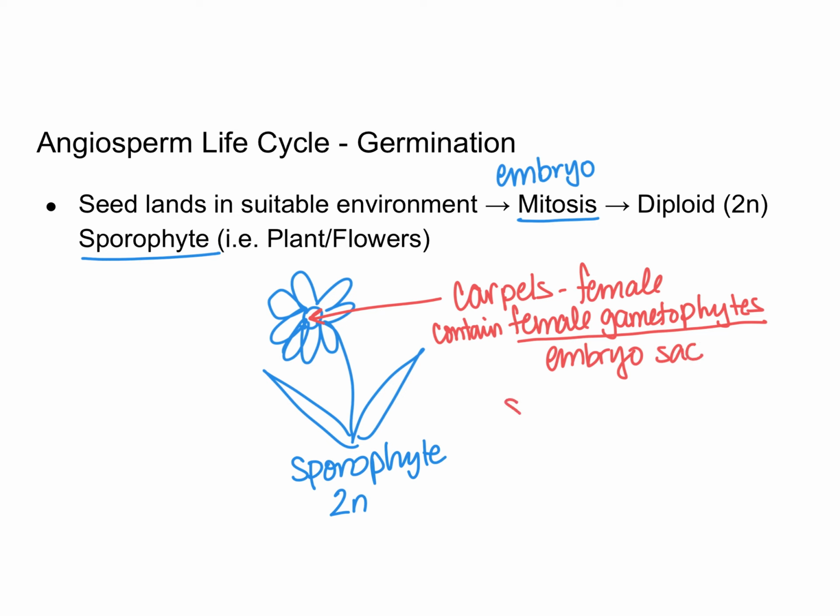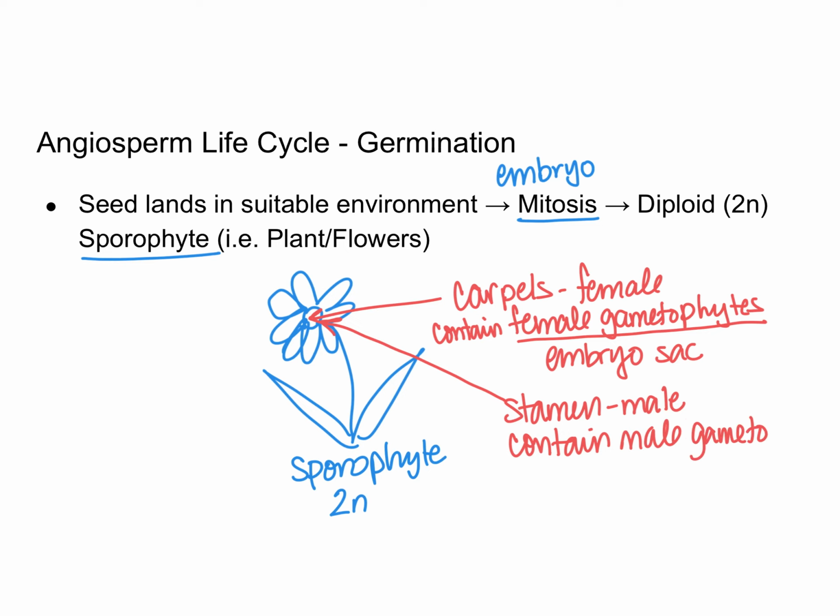And then the stamen, also in the center of the flower here. These are the male structures that contain the male gametophytes, which are the pollen grains.